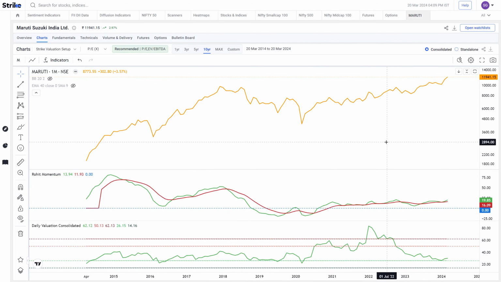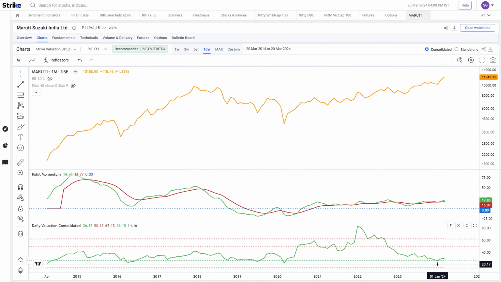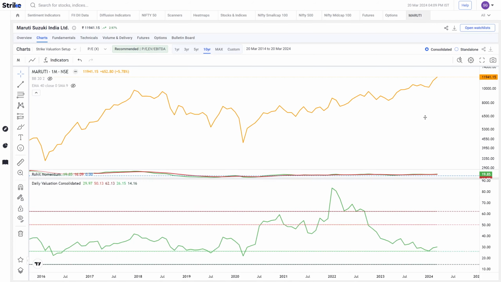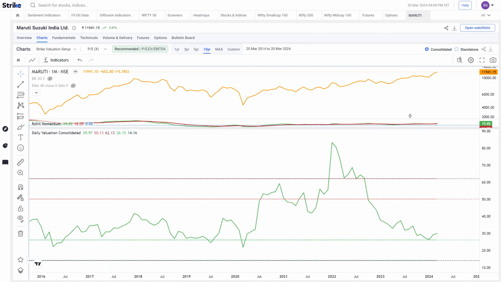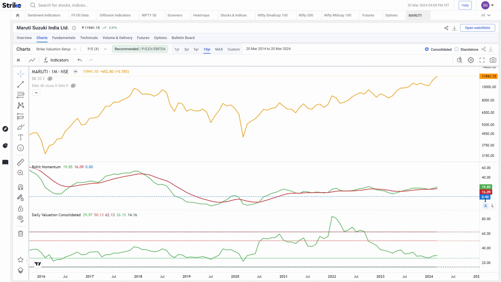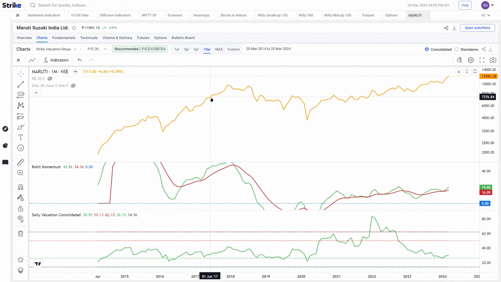What we can see here is that on the 1st of January, because this is a monthly chart, the PE ratio was 26, which is at the first green line. If I zoom in slightly, you can see this is nothing but the -1 standard deviation zone for the PE ratio, followed by a monthly momentum that is already in bullish mode.